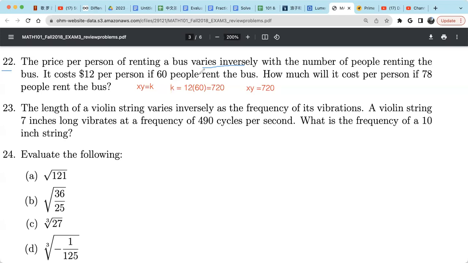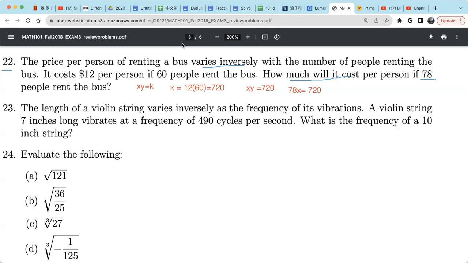Now the question is asking, how much will it cost? Asking for the money per person if 78 people rent the bus. So plug in, so that means 78 times y, or 78 times x, doesn't matter which variable you want to use, equals 720.